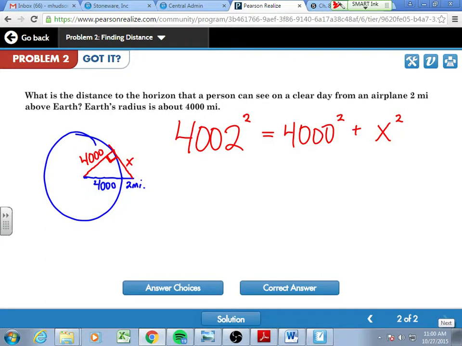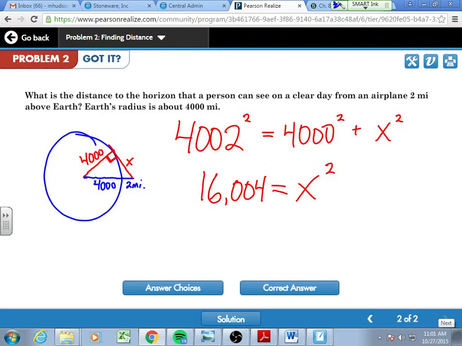So I'm going to go ahead and leave this work in my calculator. This is 16,008,004 for 4,002 squared. I'm going to subtract away 4,000 squared, and I end up with 16,004 being equal to my x squared.